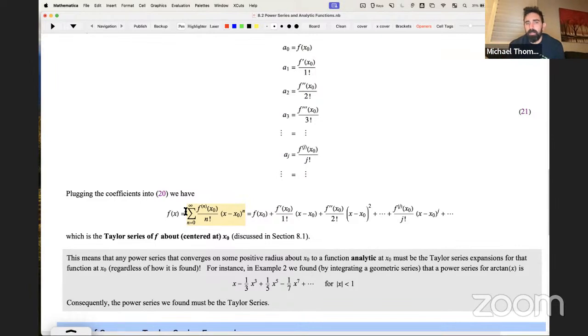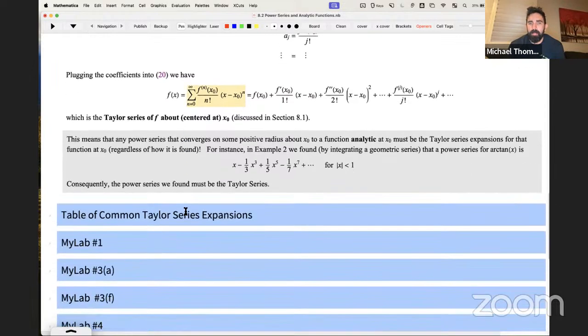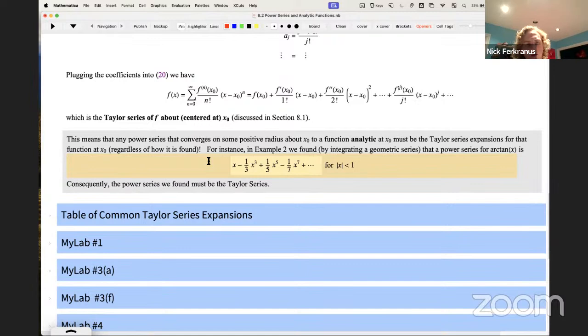So what this means is, if you ever find a power series that has some positive radius of convergence, like this one right there, that means that the power series has to be the Taylor series, if that makes sense. Yeah. Okay. So if we can express a function as a power series, then it is the Taylor series. Yep, exactly.